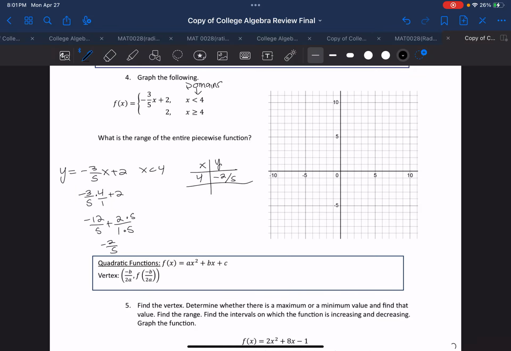Now on your final exam, this won't give you a fraction. And if it does, you can just type in -2 divided by 5 and get a decimal and then plot it on Pearson.